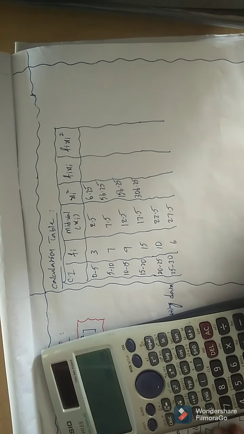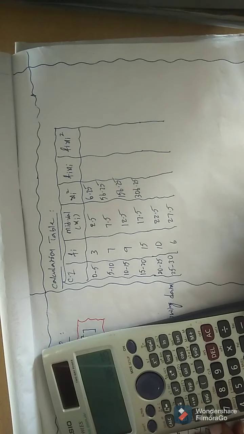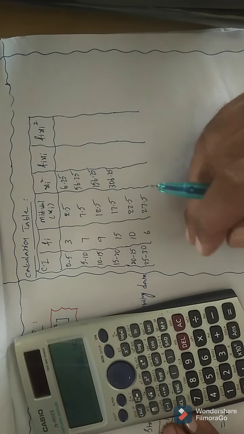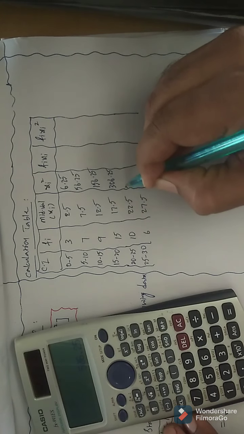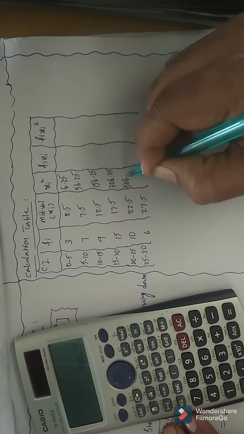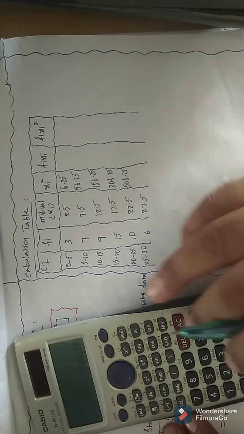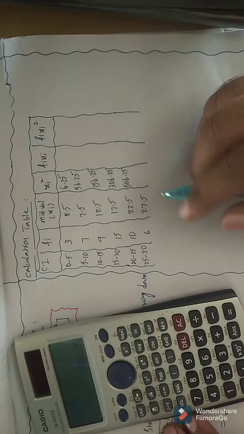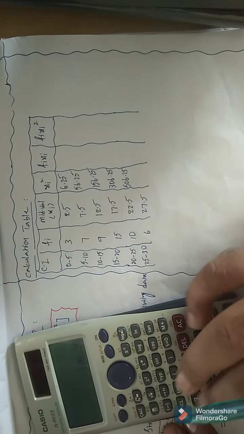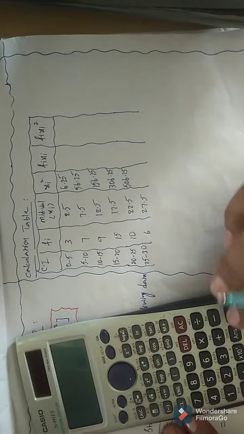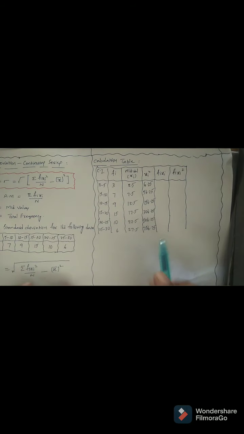Next, 22.5 square, that is equal to 506.25. Next, 27.5 square. So these are the values of xi square.